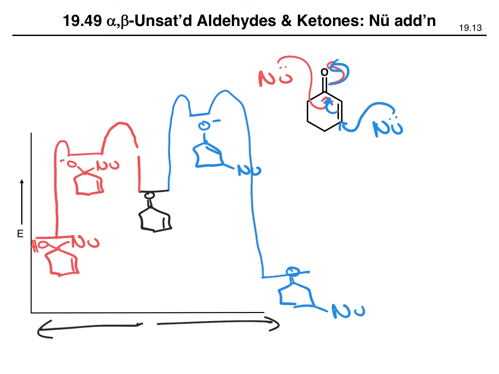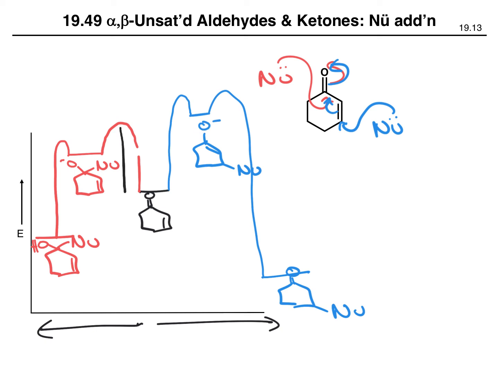product. Now, I'm not sure about the relative energy of the starting material compared to the product, and that's not what I'm trying to show. But what I do want to focus on is the relative height of the 1,2 product compared to the 1,4 product, and the relative energy of the 1,2 intermediate compared to the 1,4 intermediate.